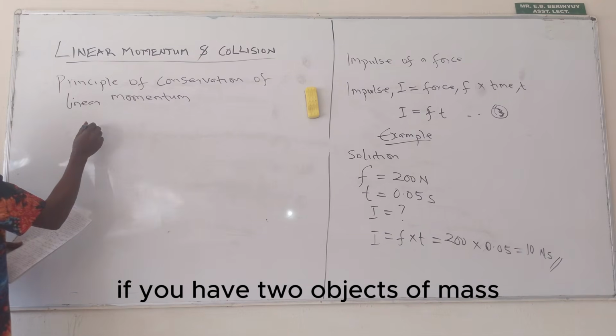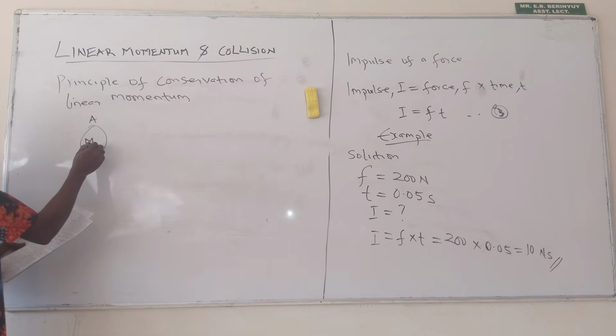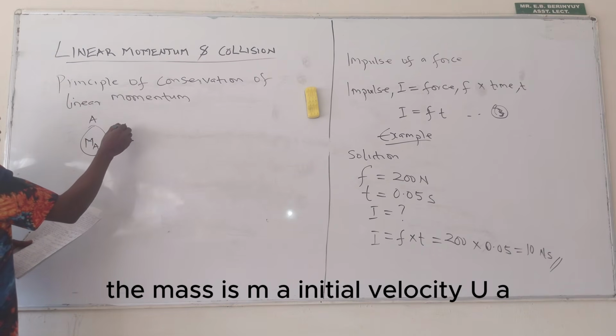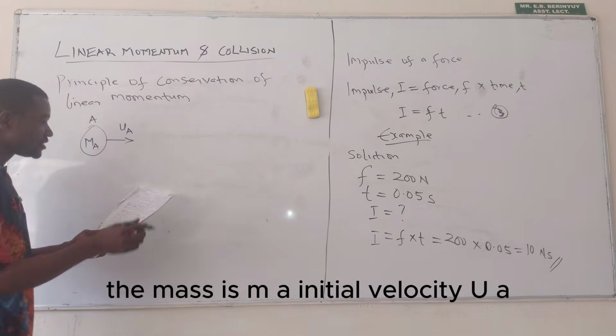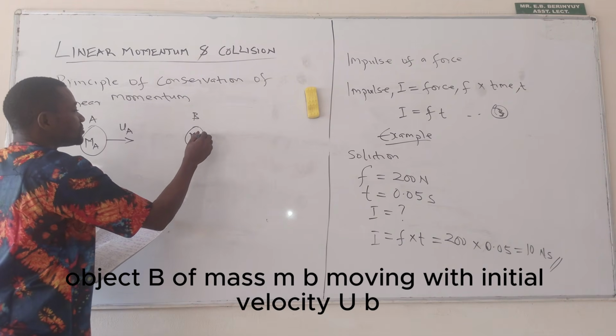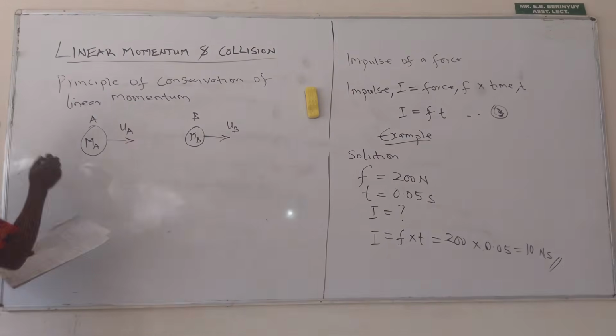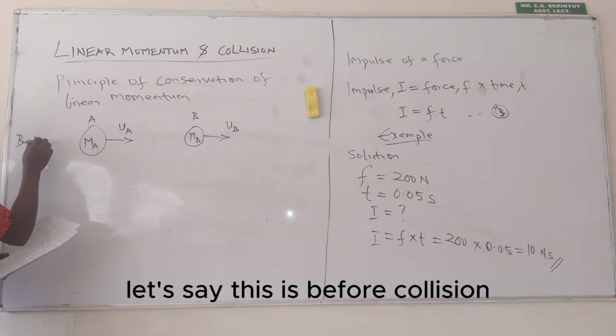If you have two objects, object A has mass ma and initial velocity ua, and another object B has mass mb, moving with initial velocity ub. Let's say this is before collision.